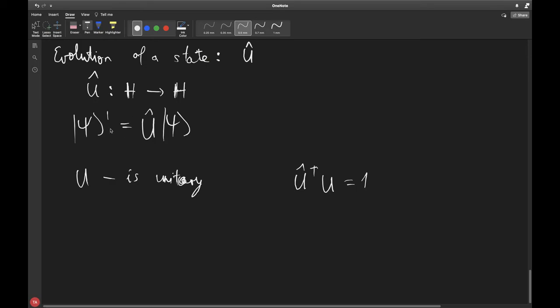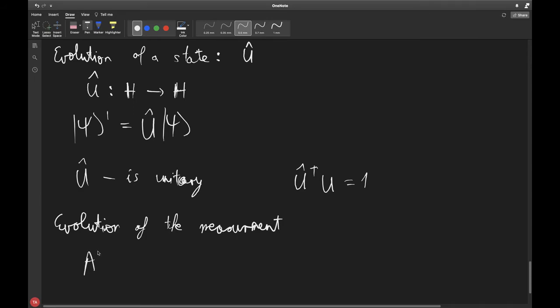So this is how a state can evolve in time, but also the results of the measurement can change. So the evolution of the measurement is the other thing which we can speak about. This same U unitary operator is the one which gives us the evolution of the measurement.